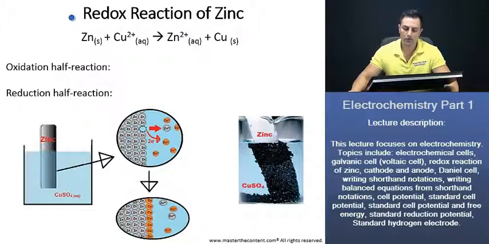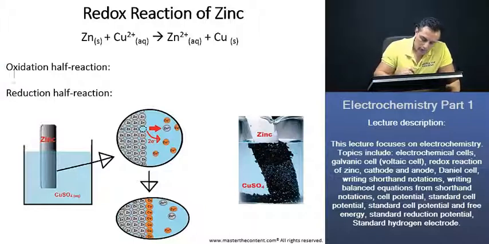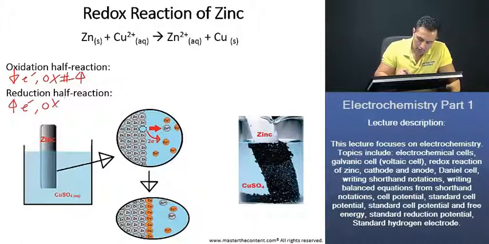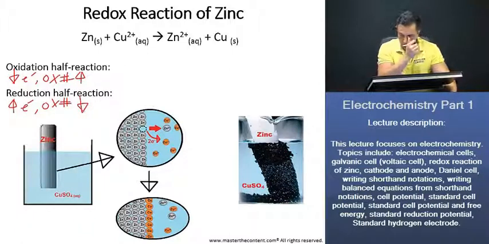If we recall, oxidation is the loss of electrons, and furthermore, your oxidation number will be increasing. In reduction, you'll be gaining electrons, and your oxidation number will be decreasing.